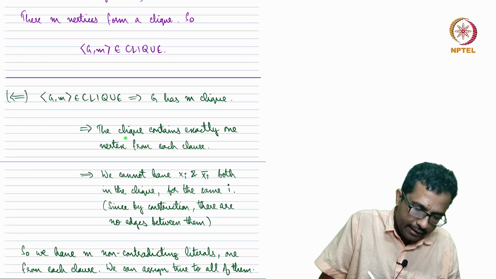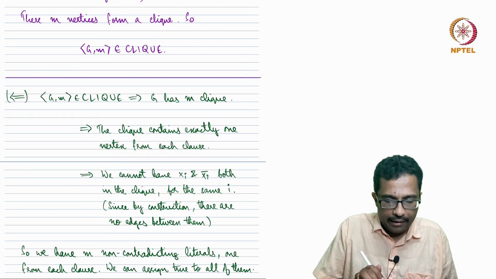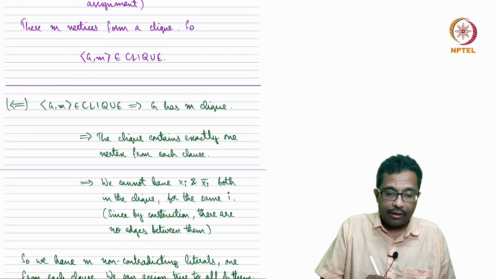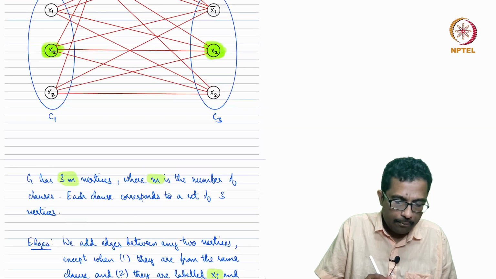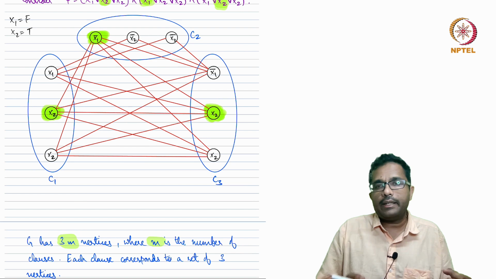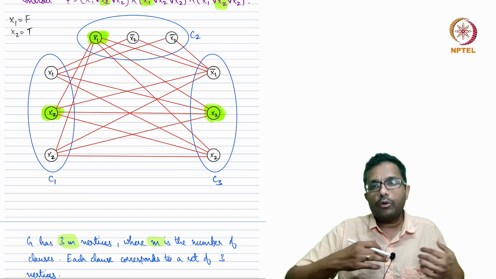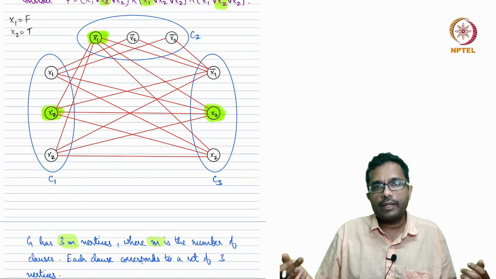So the clique contains exactly one vertex from each clause, and we know that we cannot have xi and xi complement in the clique, because if I picked xi and xi complement from 2 separate groups, we know there is no edge between them. That is the rule that we have.